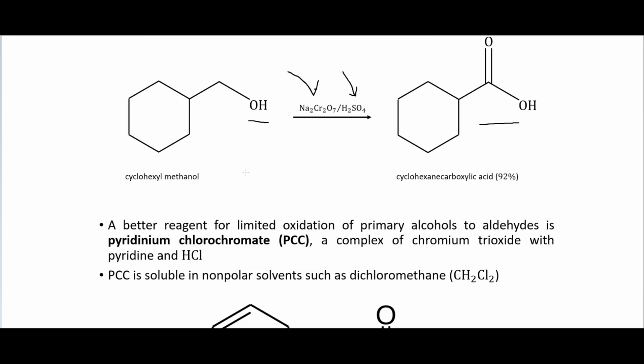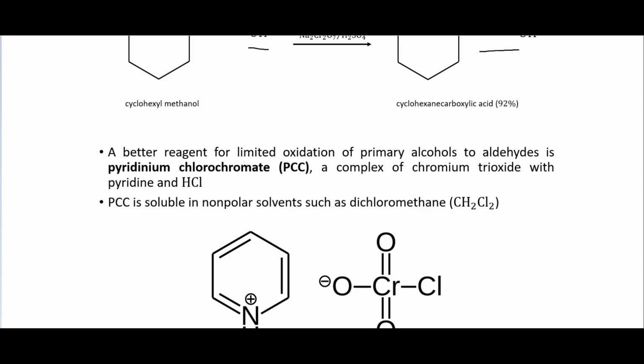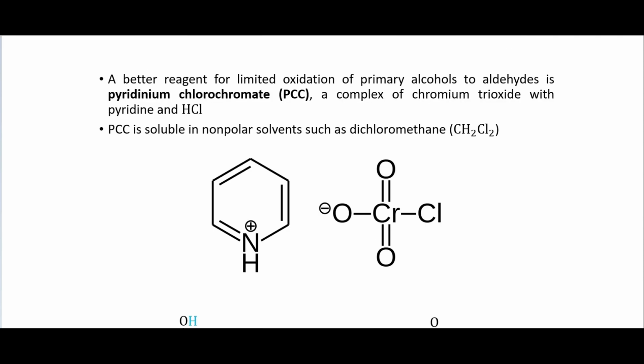to a carboxylic acid. A better reagent for limiting oxidation of primary alcohols to aldehydes is pyridinium chlorochromate, or PCC, which is a complex of chromium trioxide with pyridine and HCl. That looks like this right here.